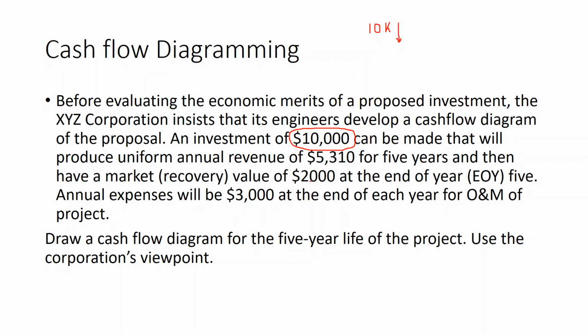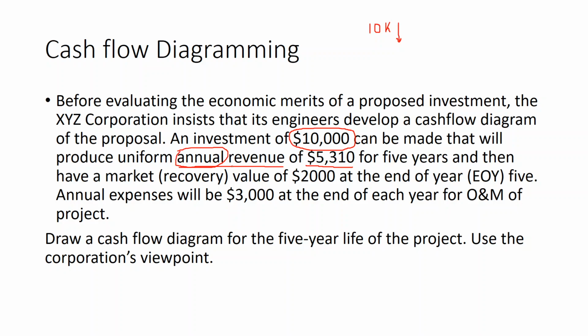Zero. Now every year there's $5,310, which is the revenue. What is the direction of the arrow for revenue? Upwards, right? Let's look at what is happening annually.